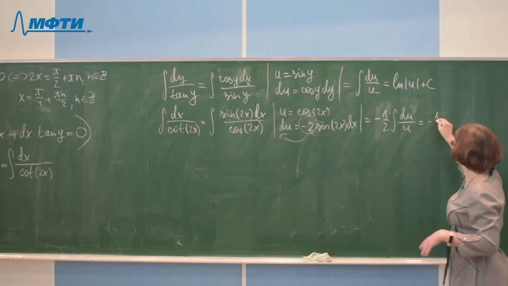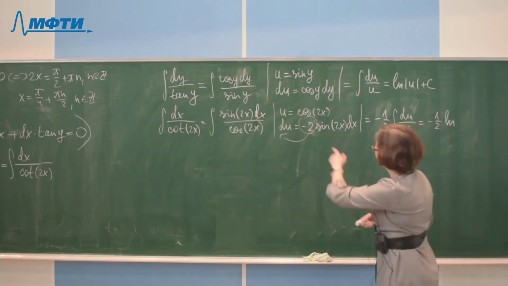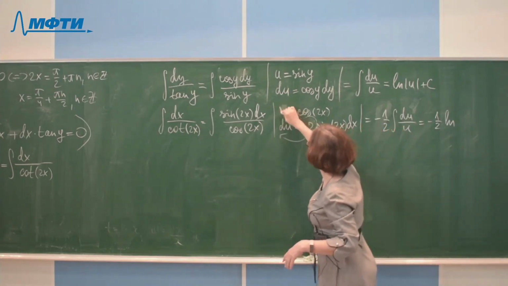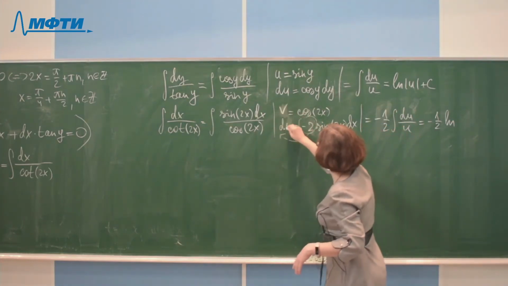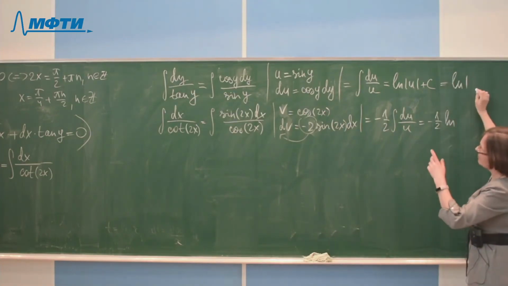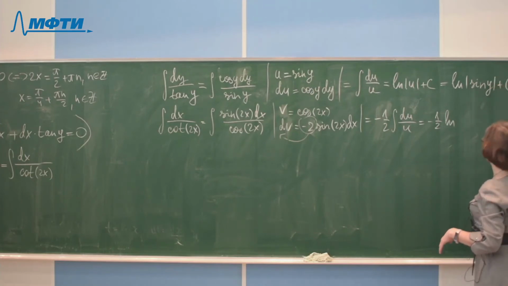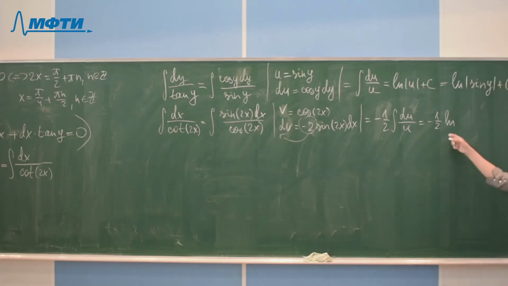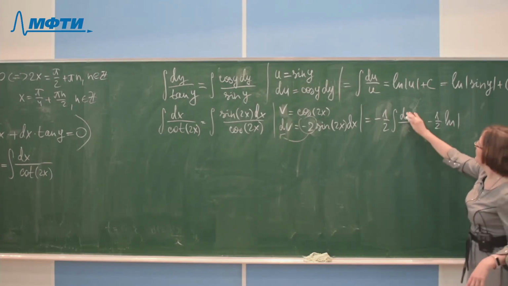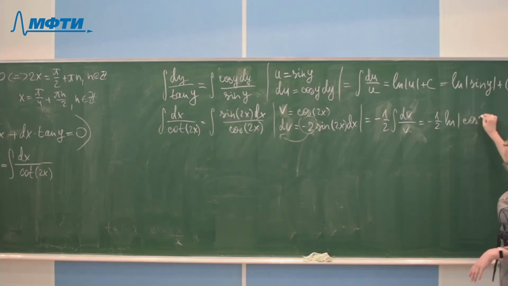And it is equal to minus 1/2 the log. Oh, so u is not good, so let it be v. I will make a back substitution: ln absolute value of sine y plus c. And here we have ln of v, and v is cos 2x, plus c.